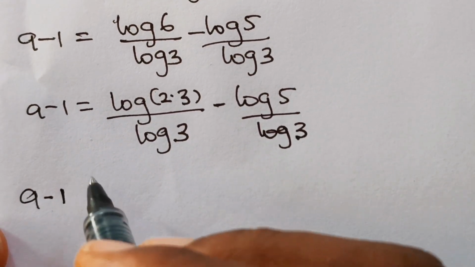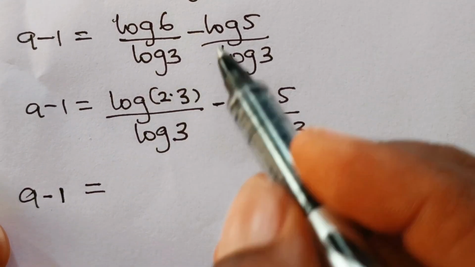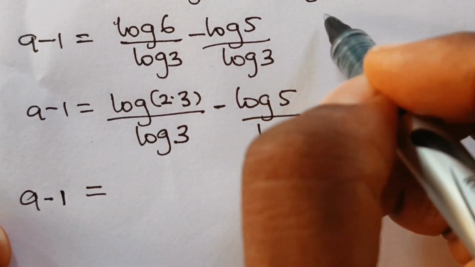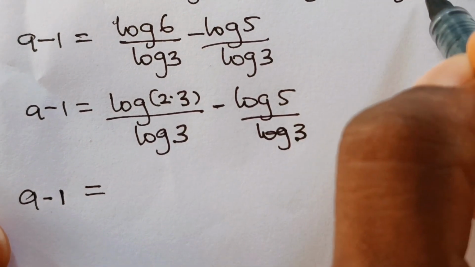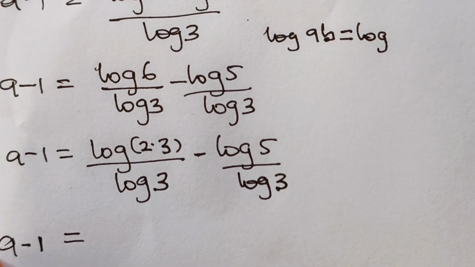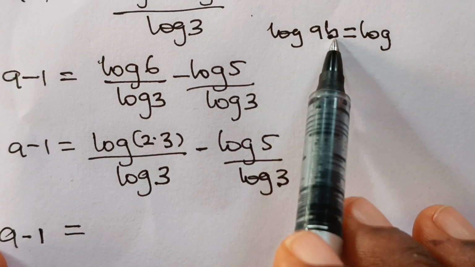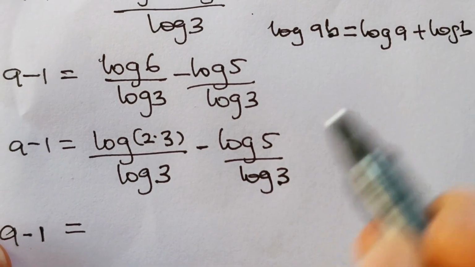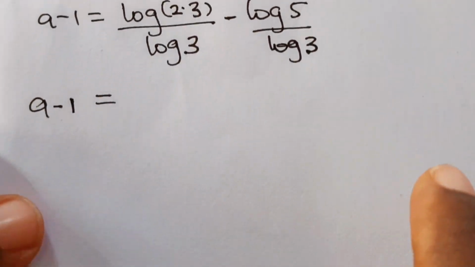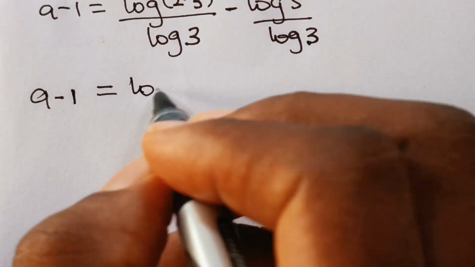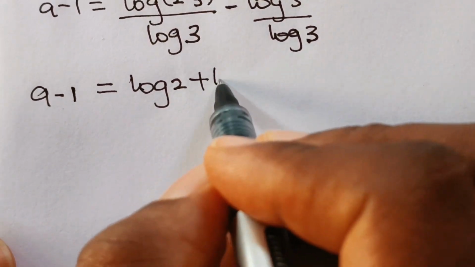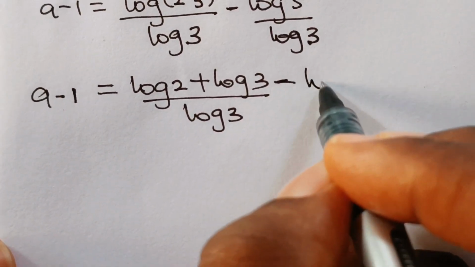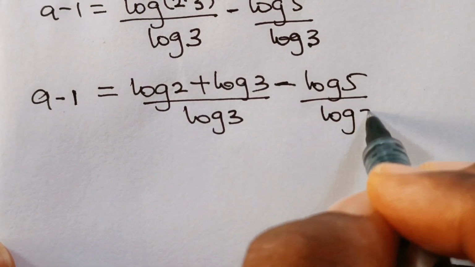So we have a minus 1 is equal to... when you have log a times b, this is equal to log a plus log b. So we are going to rewrite this now as log 2 plus log 3, divided by log 3, minus log 5 divided by log 3.